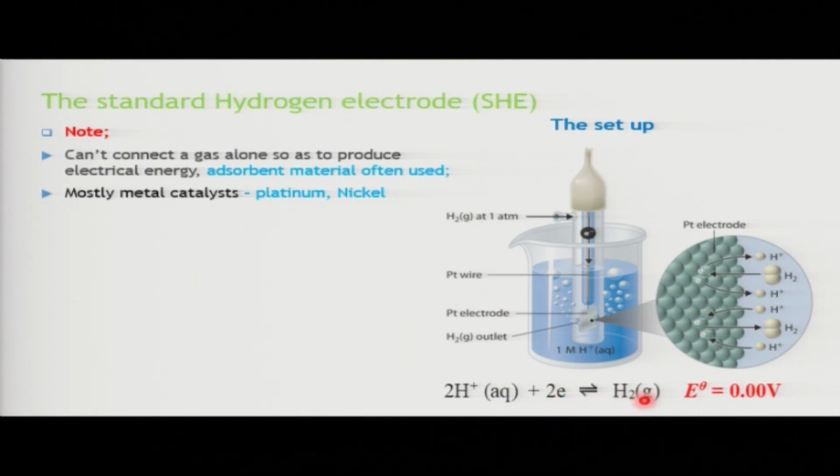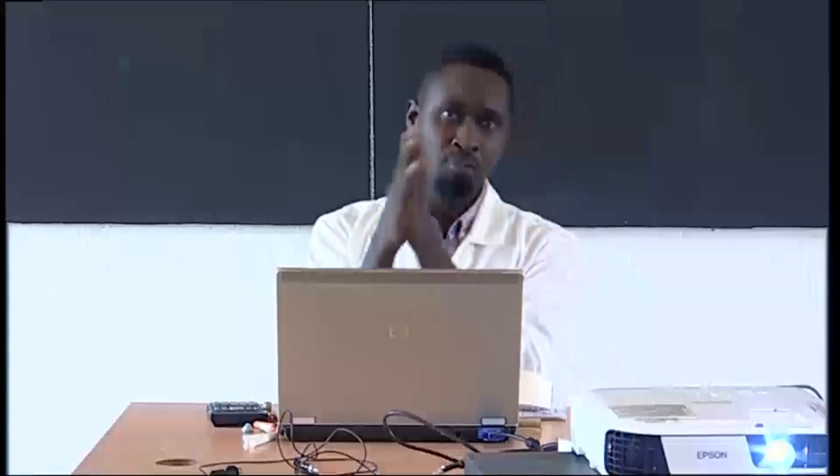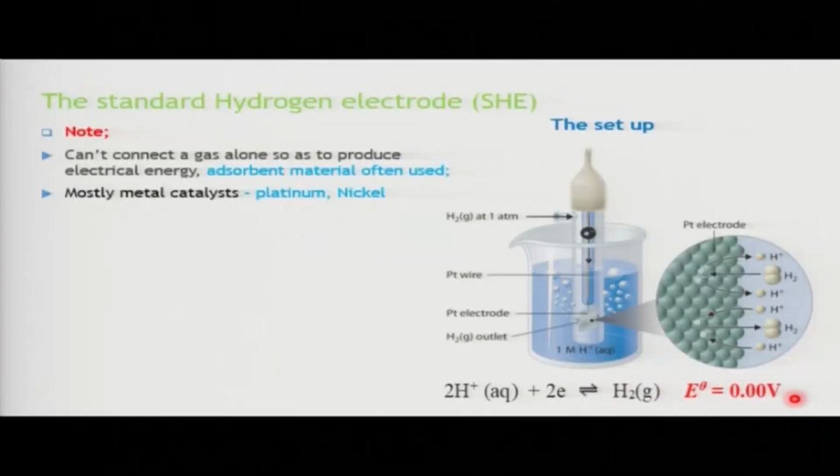So we would expect a certain potential in here, whether the gaining outweighs the losing or the losing outweighs the gaining, to give it a more negative or a more positive potential. But because this is a standard reference electrode, it has a 0 potential. Whichever reaction that occurs, it's assumed to be the same to give us a 0 potential.